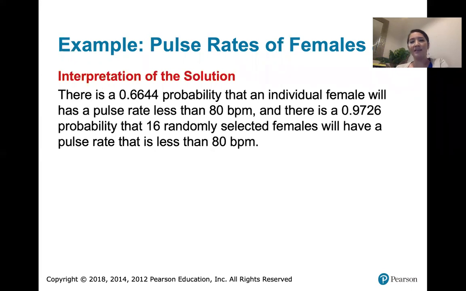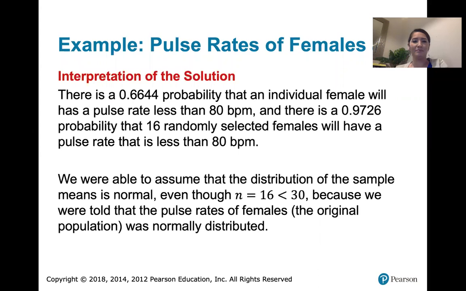But if we take a random selection of 16 females and we compute the mean pulse rate of those 16 females, then there is a 97.26% chance that the sample of females will have a mean pulse rate that is less than 80 beats per minute.